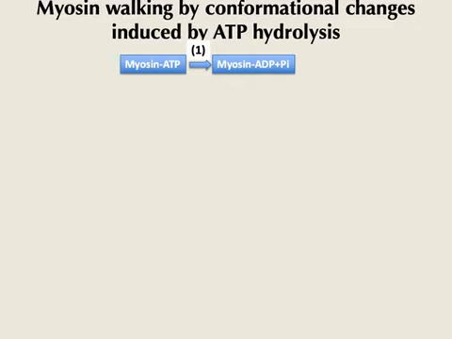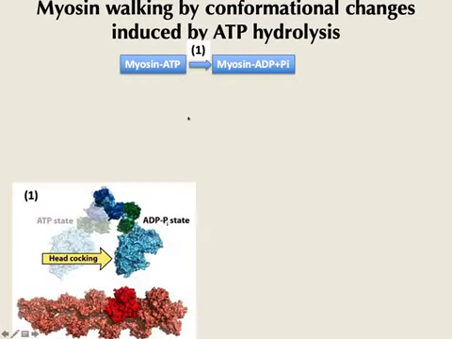So this is how it goes, and don't freak out because I don't need you to memorize this. Let's say the first step is hydrolysis of ATP, and that causes this so-called head cocking, or this change of conformation in a myosin head that's not bound.